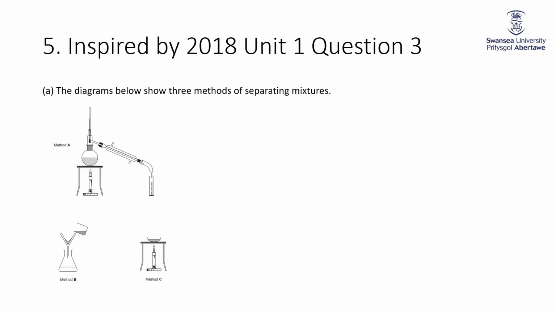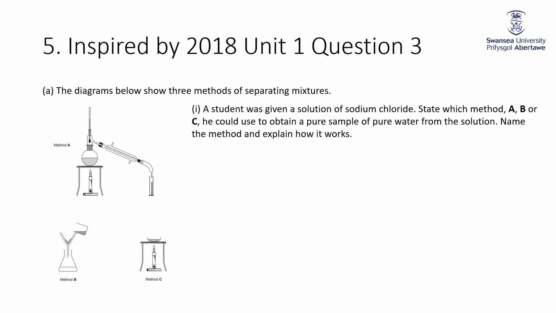Question 5 asks us about the diagrams for separating mixtures again. So a student was given a solution of sodium chloride. State which method A, B, or C he could use to obtain a pure sample of water from the solution, and name this method and explain how it works. So what you want to say is method A, or distillation.